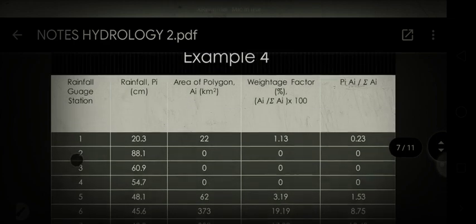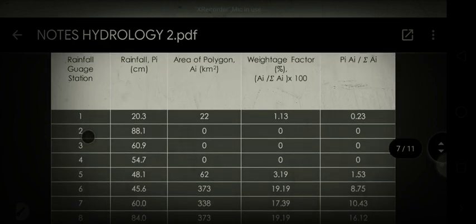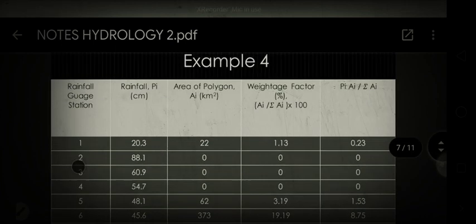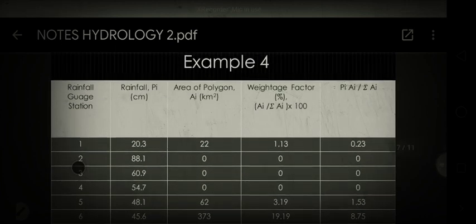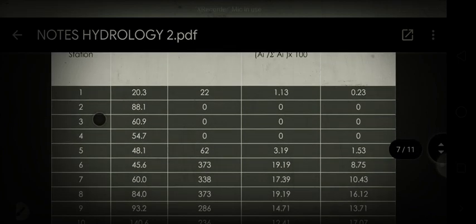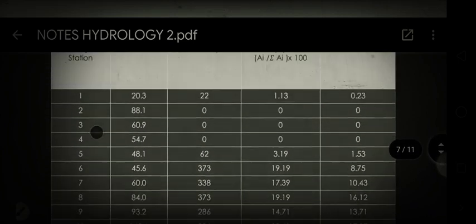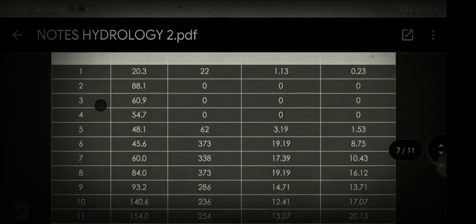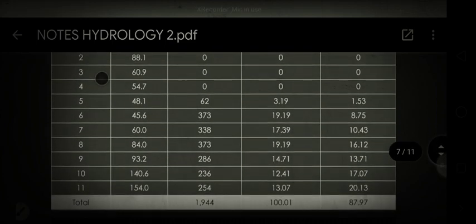The area of polygon Ai in kilometer square is 22 to 254. The weighted factor percentage, Ai upon summation of Ai into 100, is 1.13 up to 13.07, and Pi into Ai, which is the weightage factor summation of Ai, is 0.23 up to 20.13.